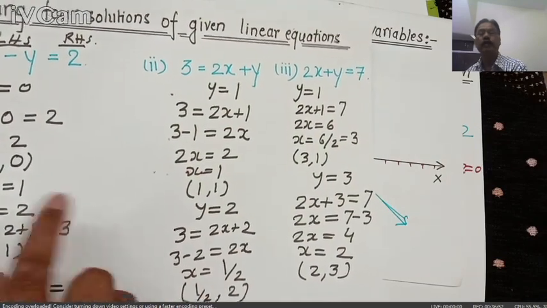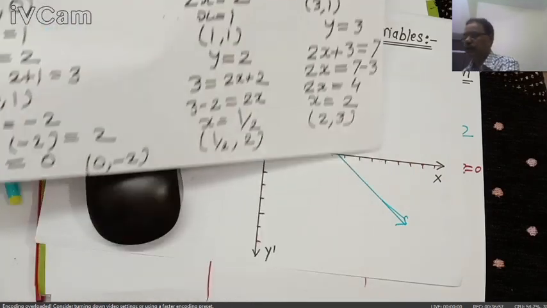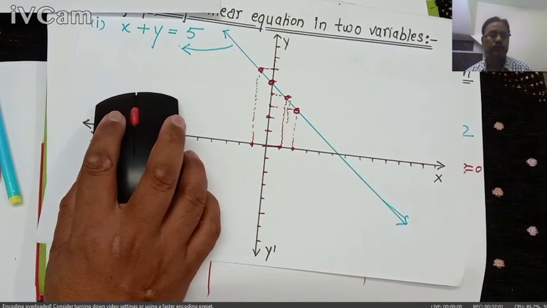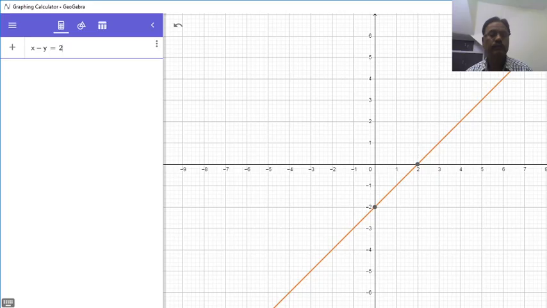Now for those solutions I am going to draw the graph. So let us come to it. Yes, x minus y equal to 2, the graph is already drawn here.